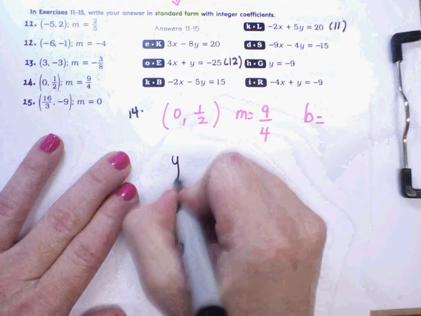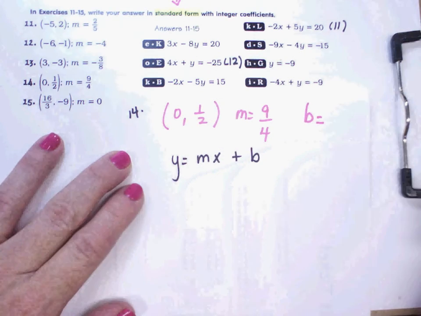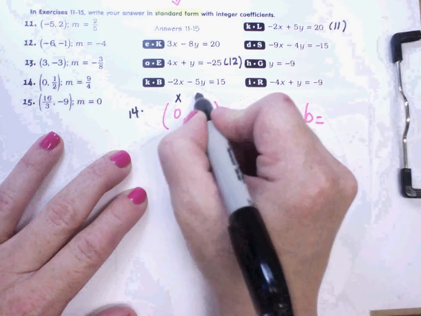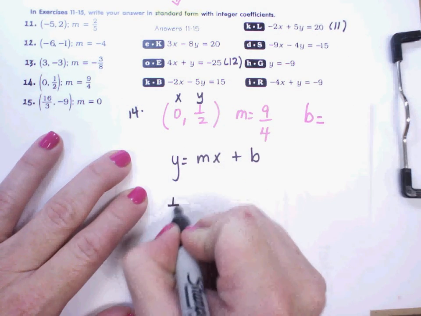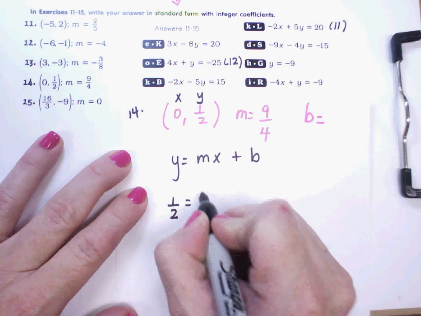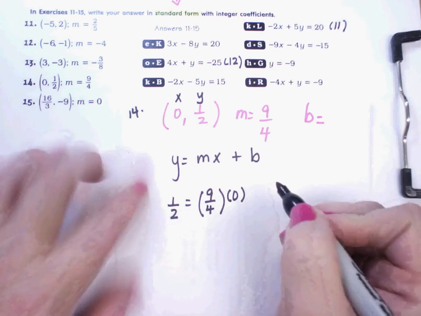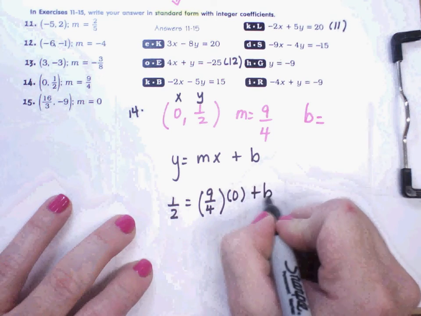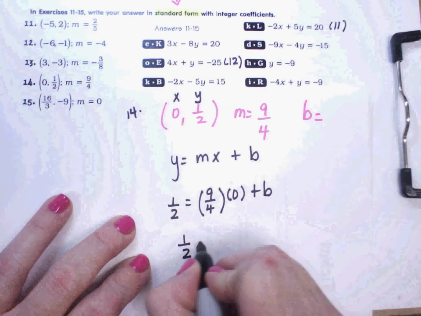So let's go to, I call it mommy equation because it's the first one that we learn. And this is my x and that's my y, and then I have my m. All right, so y equals 1/2. Your slope is 9/4, but when I multiply that by 0, it's going to be 0. And then 1/2 equals b.